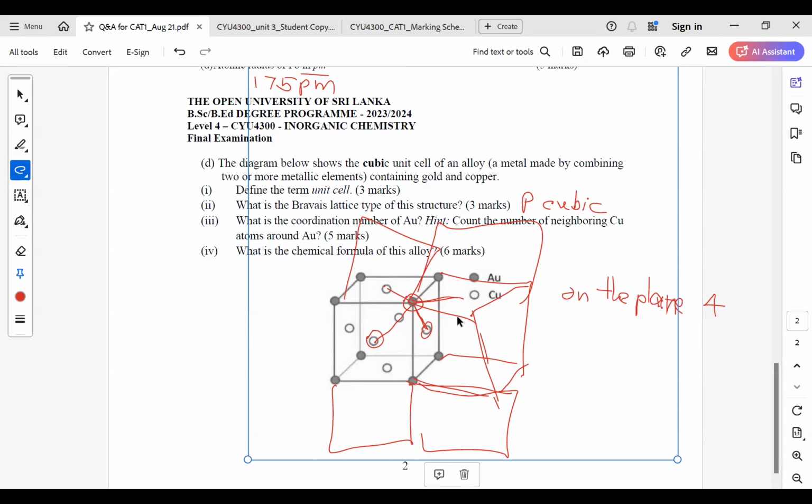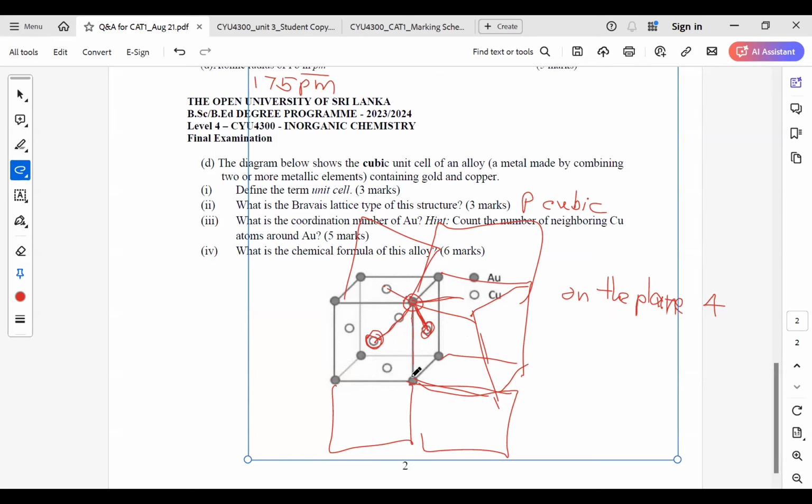Now imagine there are 4 unit cell boxes like this, all right? This copper atom is shared by the neighboring unit cell. So for both unit cells, this one copper atom is counted. Here also this one is shared by the other unit cell that is coming out of the computer screen. So that is also just 1.